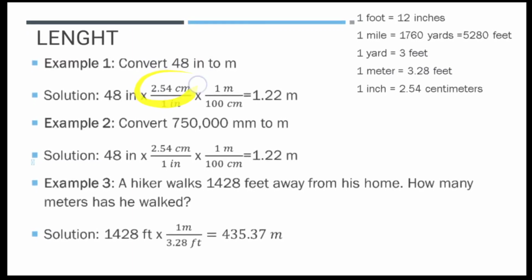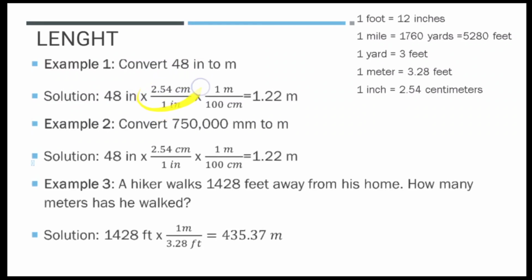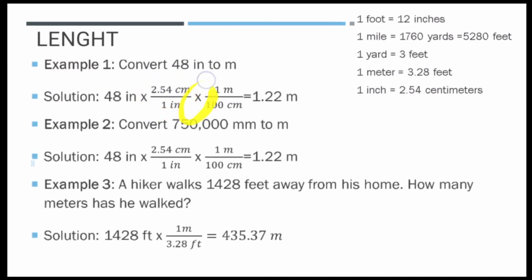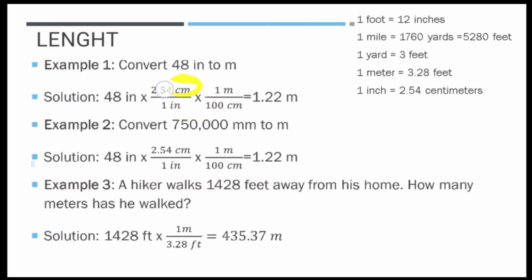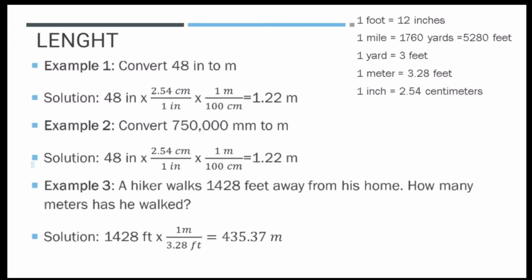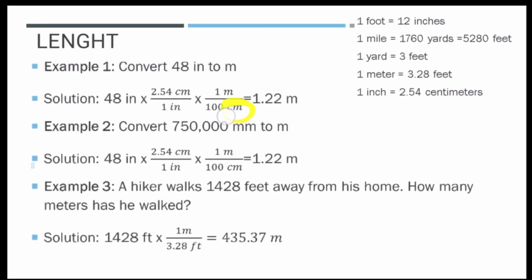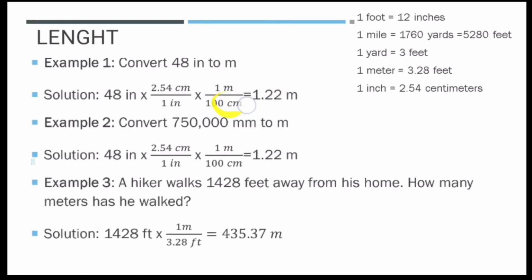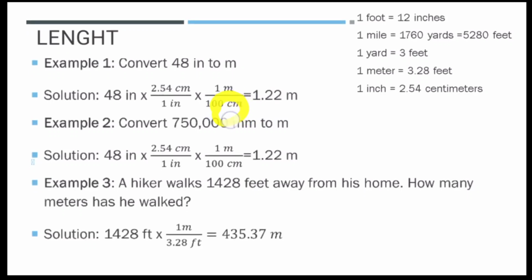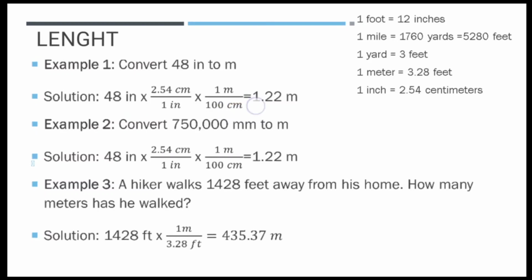Then times, since our numerator here is centimeter, we have to put that centimeter in the denominator of the other fraction. Since we have to convert it into meter, we have to find the conversion of centimeter to meter.